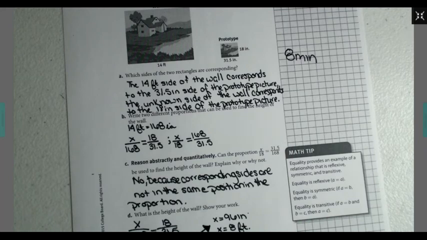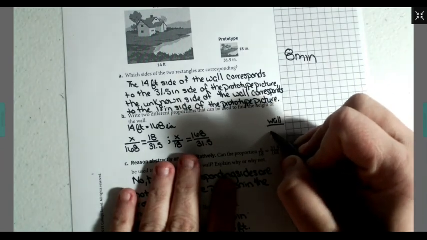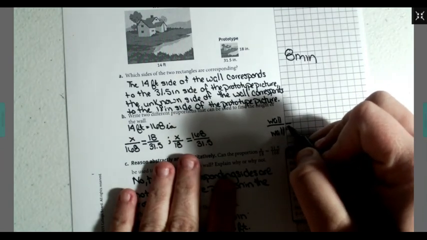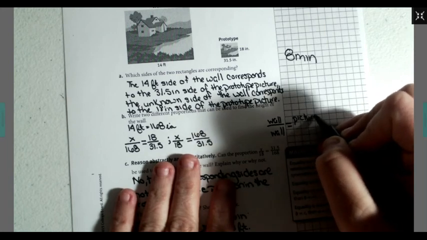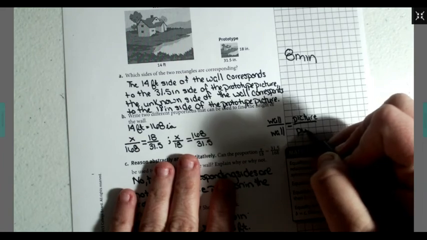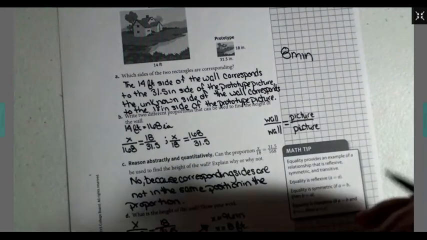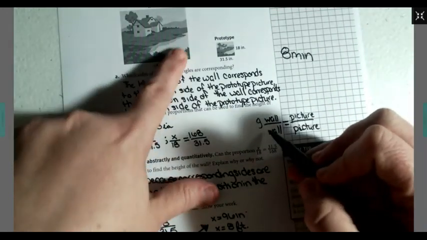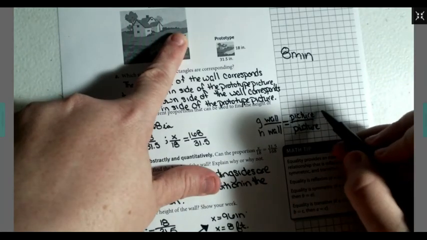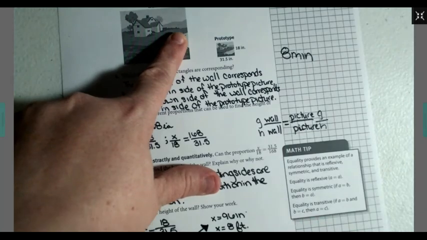There are two ways we could set this up. We could either set this up as wall over wall equals picture over picture. Whenever I say wall, I mean the ground, over the height, and we would have to label it ground over the height.